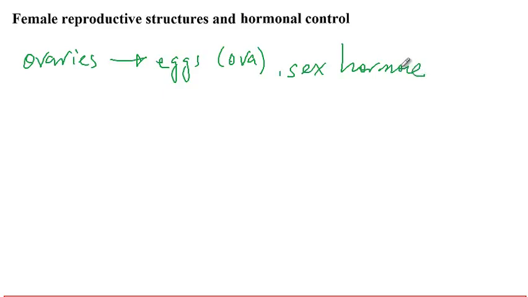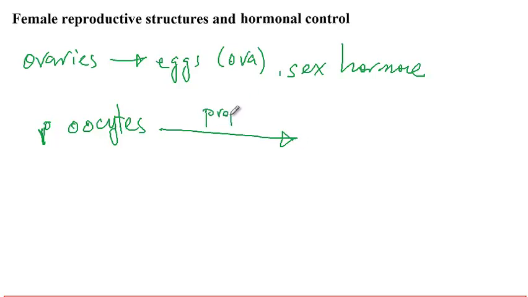During prenatal development, oogonia divide by mitosis to produce primary oocytes, and these primary oocytes will undergo meiosis, but they arrest at prophase 1 until puberty. It's not like the meiosis will be completed in an hour or so. No, it takes a long time. Primary oocytes from the prenatal stage till puberty will arrest at prophase.